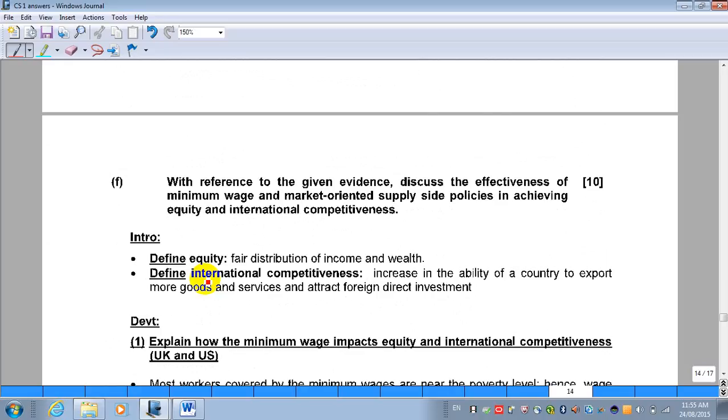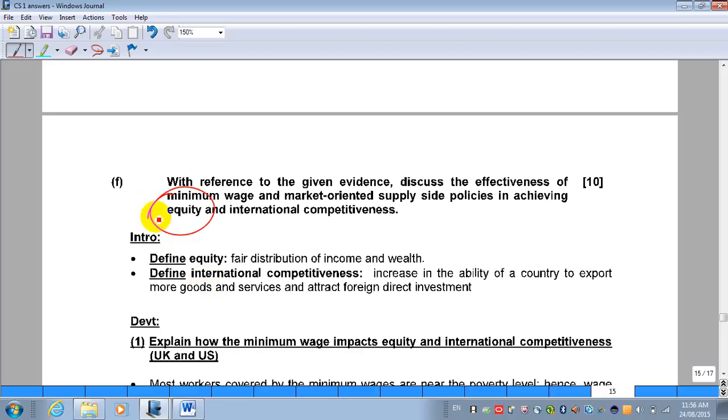In recent years, if you look at economics journals and magazines like The Economist, there is a lot of talk about structural reforms and market-oriented supply-side policies. Boys and girls, let's discuss the effectiveness of the minimum wage in achieving equity, and market-oriented supply-side policies in achieving two goals.